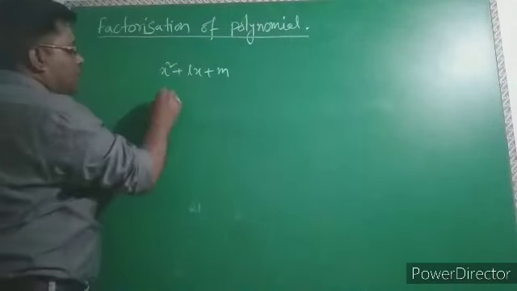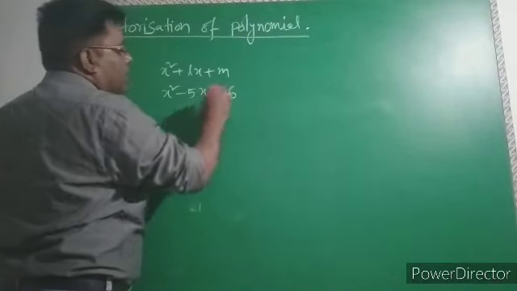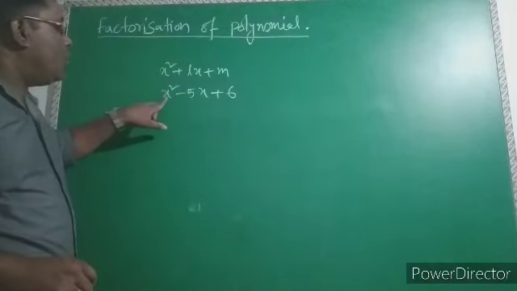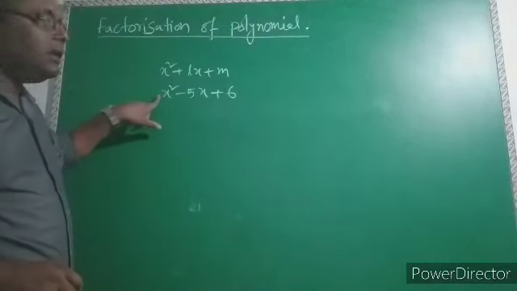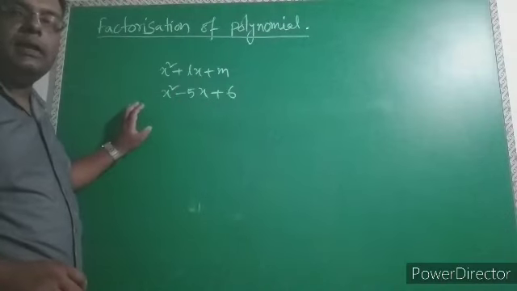For example, suppose x square minus 5x plus 6. It's a quadratic polynomial where the coefficient of x square is 1, l is equal to minus 5 and m equal to 6.